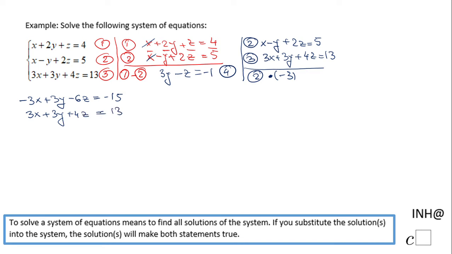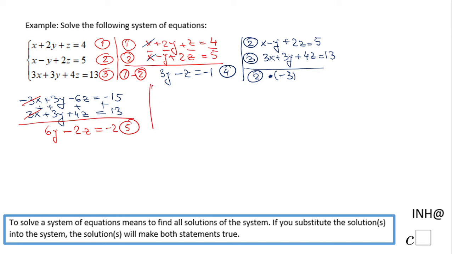And now I'm going to add them, because when I add them, I eliminate this x. So we end up here with 6y, 3y plus 3y is 6y, minus 2z equals negative 2. And this, I'm going to call it equation number 5.